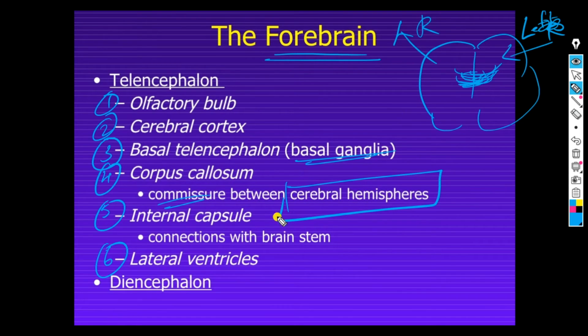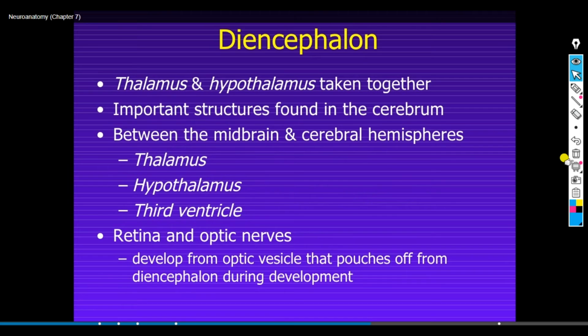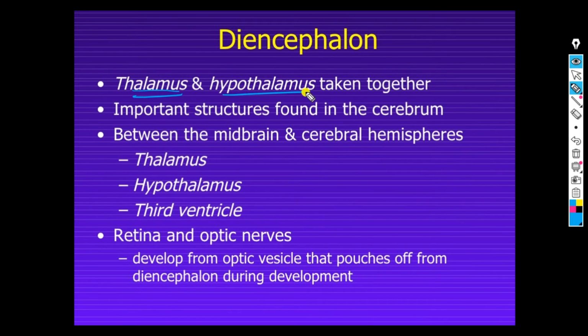The diencephalon includes the thalamus and the hypothalamus. Taken together, they are important structures found in the cerebrum between the midbrain and the cerebral hemisphere. The diencephalon includes the thalamus, hypothalamus and third ventricle.